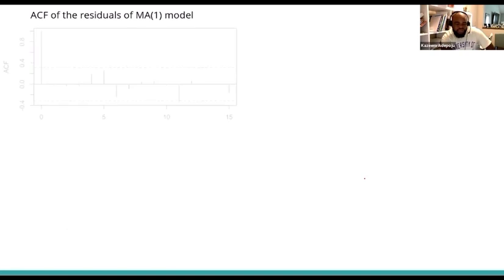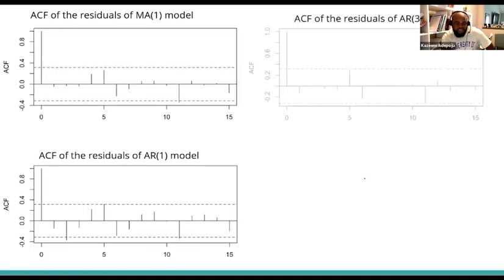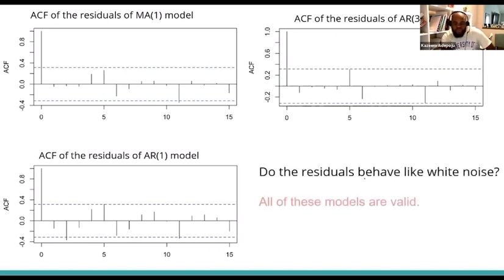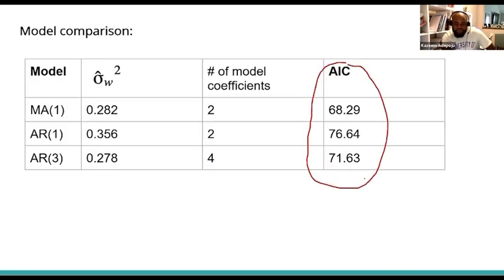And let me tell you this, AIC is one of the model selection criteria in statistics. A model with the lowest AIC is deemed to be the best model. As you can see right now, the model with the lowest AIC is actually the MA(1).